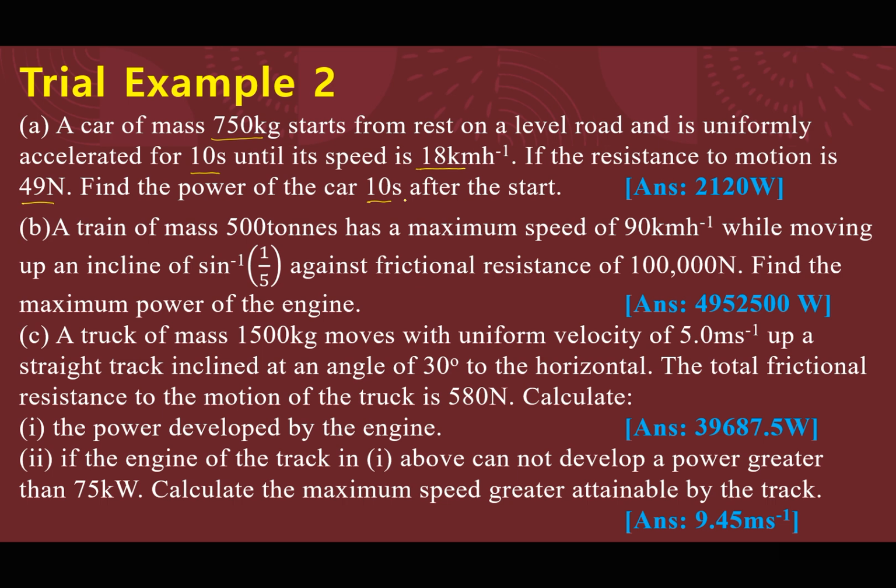So we want to find the power of the car. It starts from rest on a level road and is uniformly accelerated for 10 seconds until its speed is 18 kilometers per hour. If the resistance to motion is 49 newtons, find the power of the car after the start.